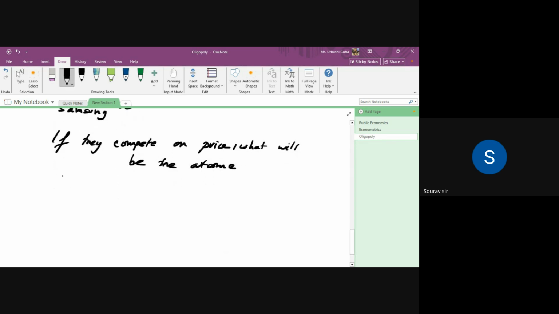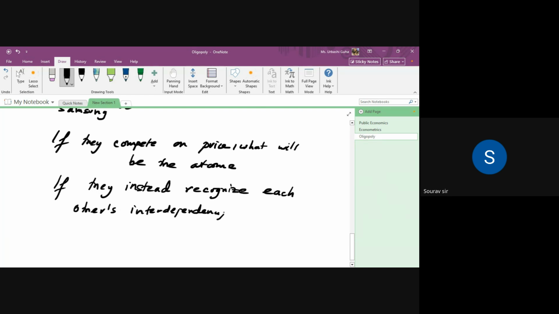Or if they instead recognize each other's interdependence, then what happens? Here, students, you can see the difference between what I will be explaining, Bertrand versus Chamberlain outcome.